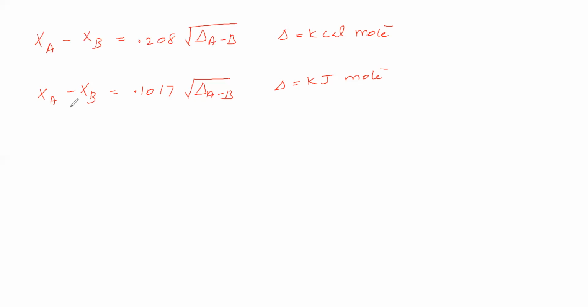Out of these two electronegativities, any one should be known, for which he considered hydrogen as the arbitrary element, with the arbitrary value 2.1. So for hydrogen he considered 2.1, and from hydrogen he found the electronegativity of the rest of the elements. So as per the Pauling scale, we know how to find electronegativity.